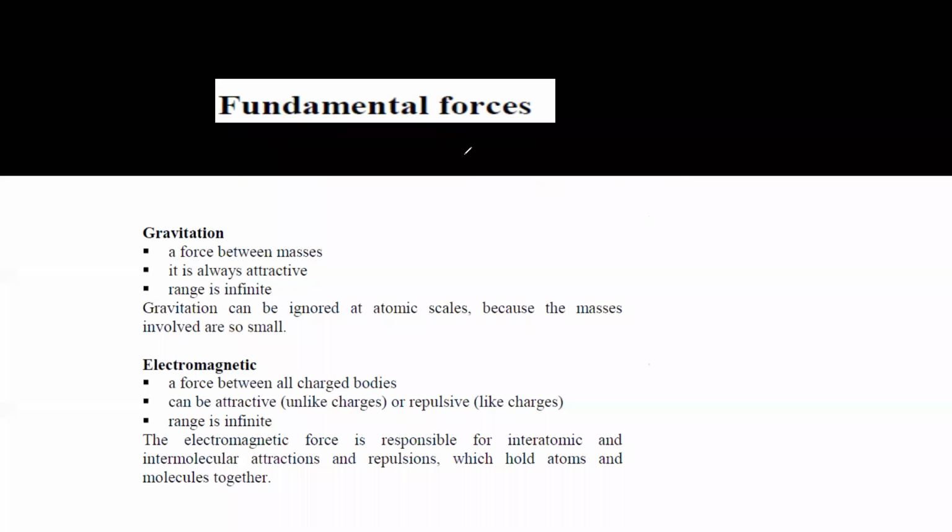Now, what is the origin of these forces and how do these forces interact or exist? First, about the gravitational force. What is the origin of a gravitational force? Anything which is having a mass will have a gravitational force, stronger or weaker depending on its mass.